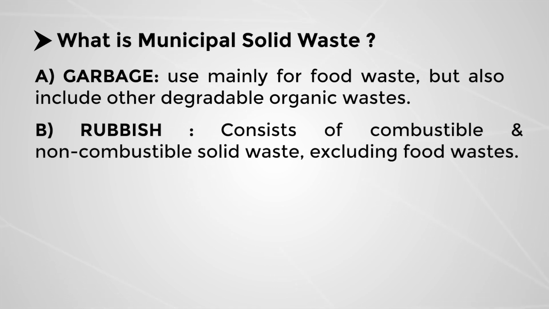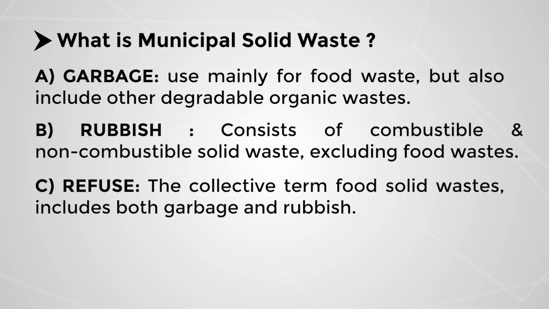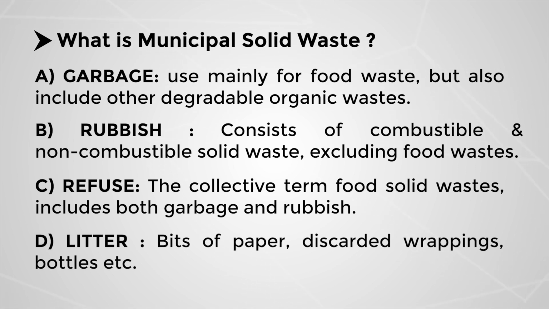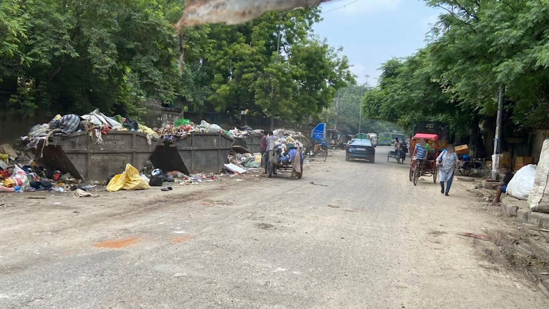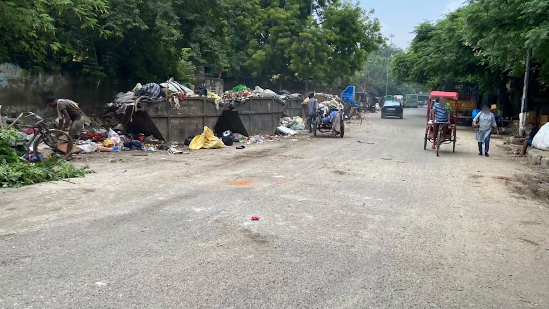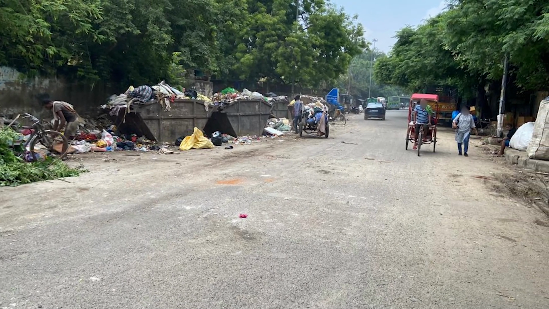Rubbish consists of combustible and non-combustible solid waste, excluding food waste. Refuse is basically a collective term for solid waste, including garbage and rubbish. And litter is basically used for paper, discarded wrappings, bottles and so on.